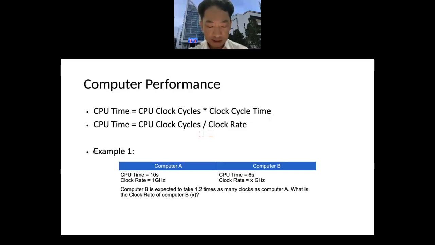Let's look at this example here. If we have two computers, computer A and computer B, computer A has a CPU time of 10 seconds to run one program, and computer A has a clock rate equal to 10 gigahertz.